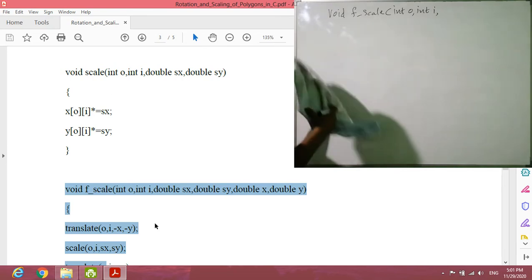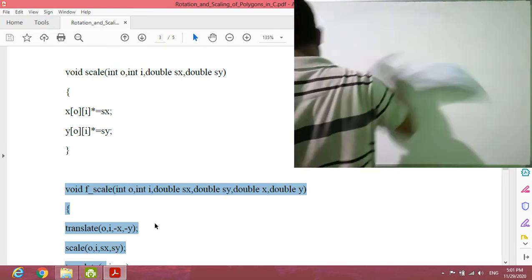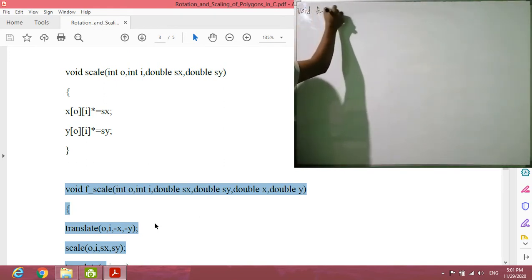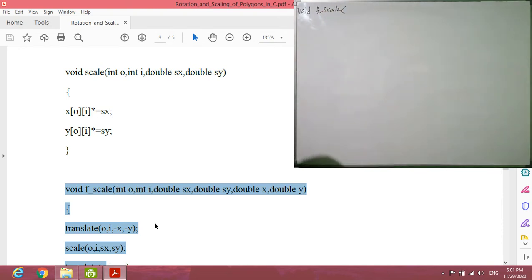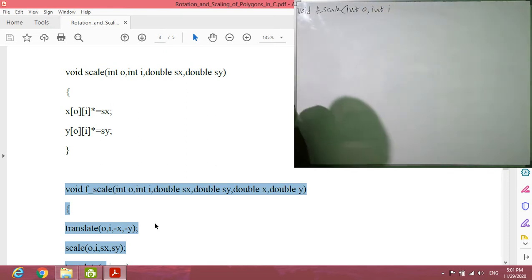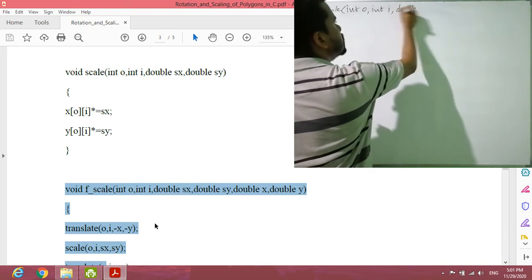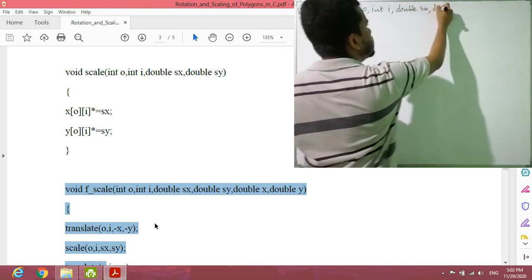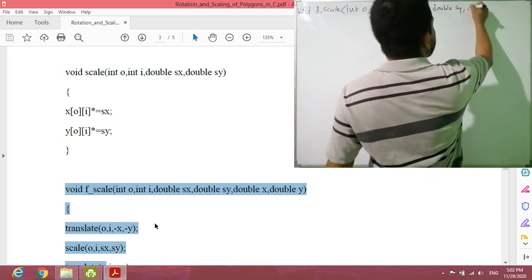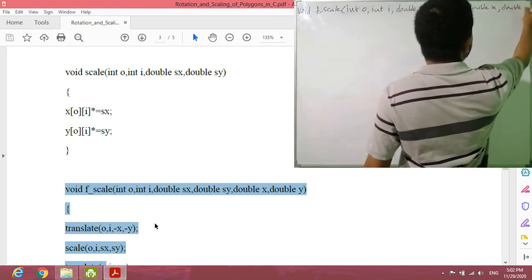Space is not enough, so I rewrite this: void f scale, int o, int i, then double sx, double sy, double x, double y.